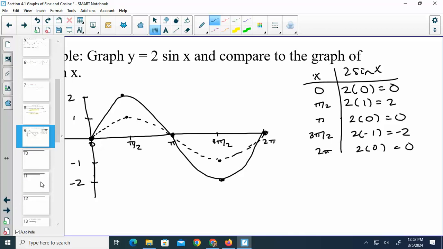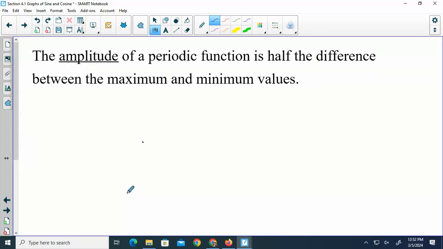So, yes, because we're dealing with waves. The amplitude of a periodic function is half the difference between the maximum and minimum values. I have it phrased like that because eventually we might move our graphs up or down, so we can't just necessarily say it's the highest and lowest. But amplitude is basically how far you go from the center, how far above or below that center line you go.